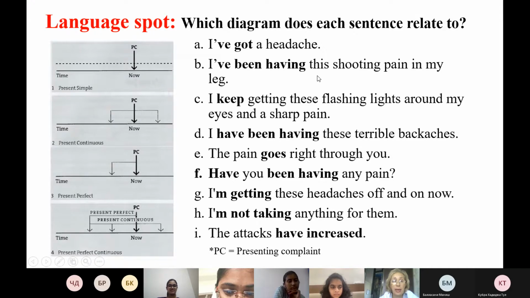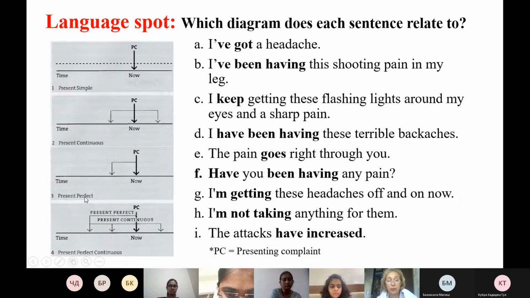In the first diagram, you can see that the event happens now, regularly. This is the present simple. In the second, number 2, this is present continuous. The action maybe started before now and was in progress and maybe still in progress, and it may continue for some period of time in the future. Now there is some kind of progress.